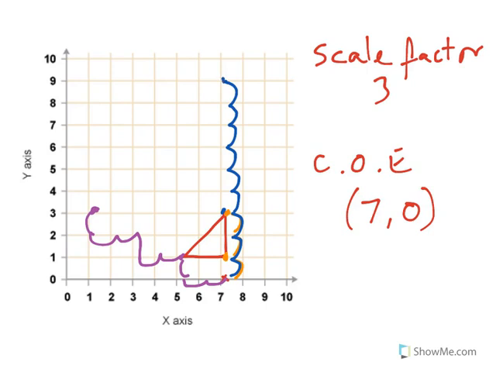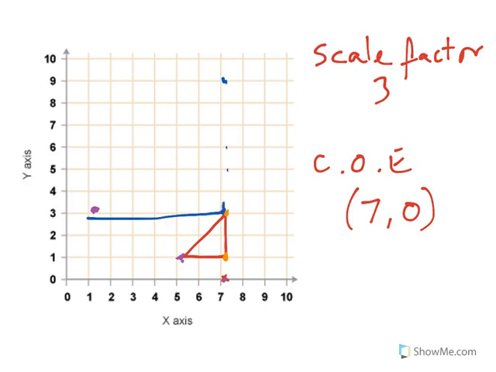Okay, so let me clear all these bits and then I'll draw in the triangle. Okay, so my new triangle looks like there, there, there, and again the length of the sides of my smaller triangle have been tripled this time because it was a scale factor of 3.